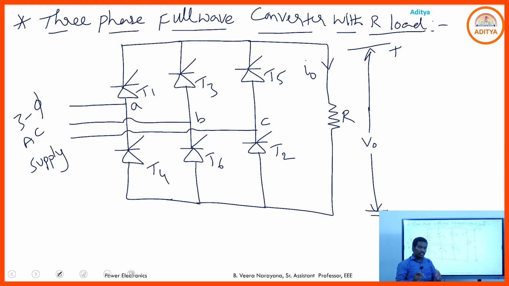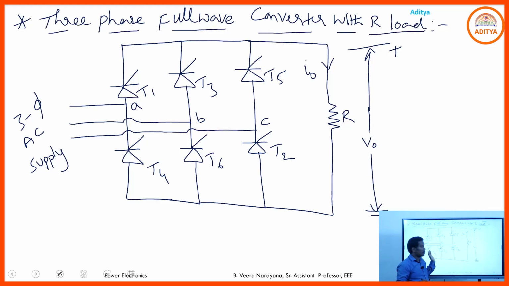That means if T1 is on, next T2 is on, then T3, T4, T5, T6, again T1, T2, T3. In that manner, we are able to provide the firing pulses to the respective SCRs. Hence those are numbered from T1 to T6. Right. Out of these 6, here T1, T3, T5 are called upper group SCRs or positive group SCRs or odd number SCRs.